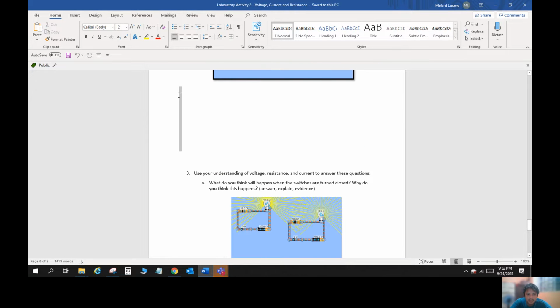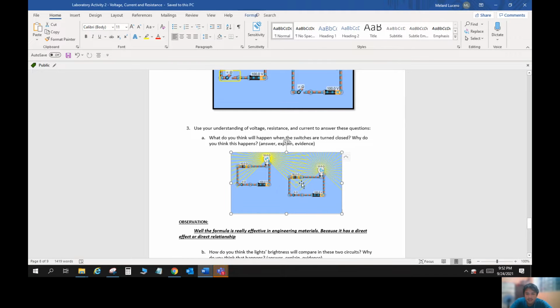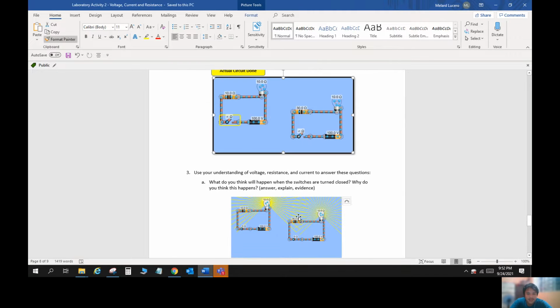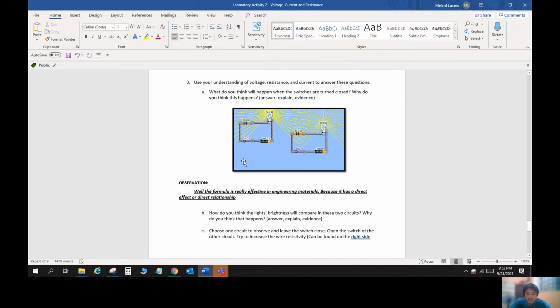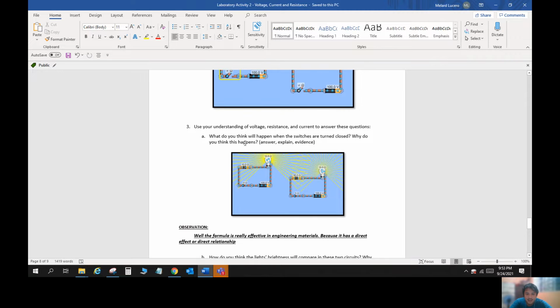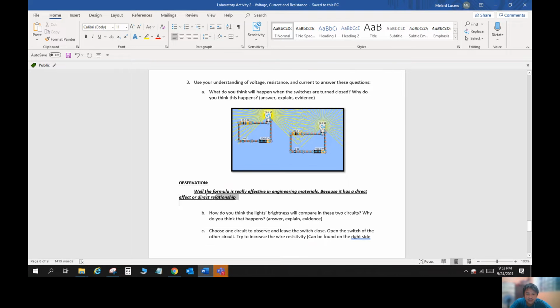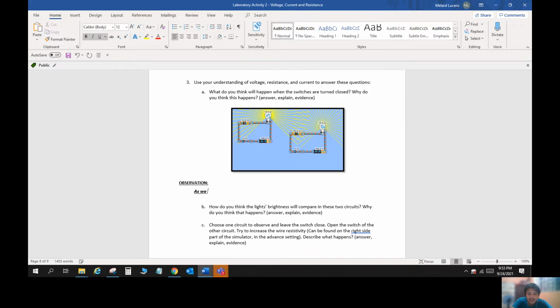Then kakopyahin lang natin to. And yun nga, explanation natin. Ang tanong kasi, what do you think will happen when the switches are turned off? Why do you think this happens? So as we close the circuit, bulbs turned on.